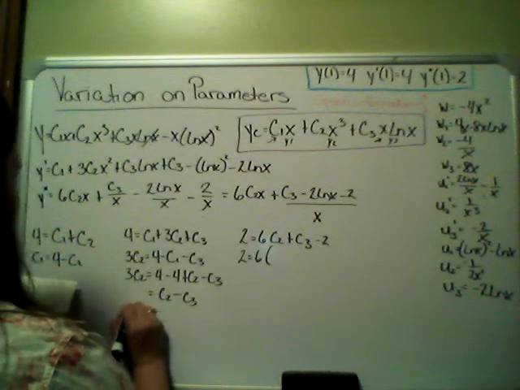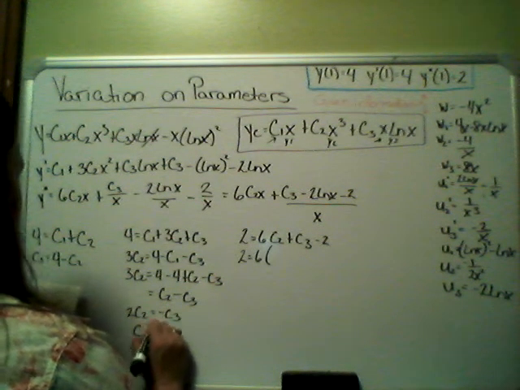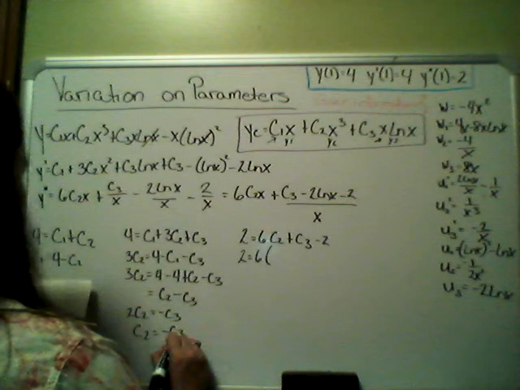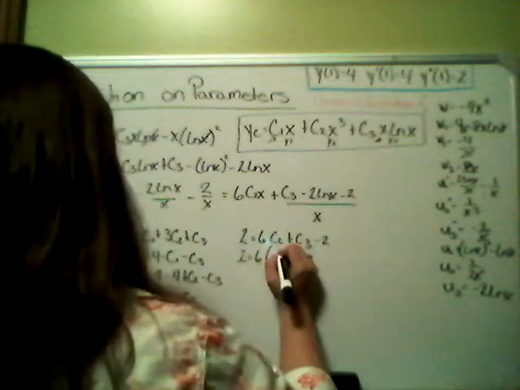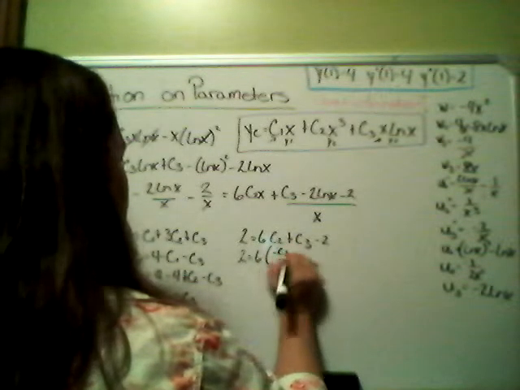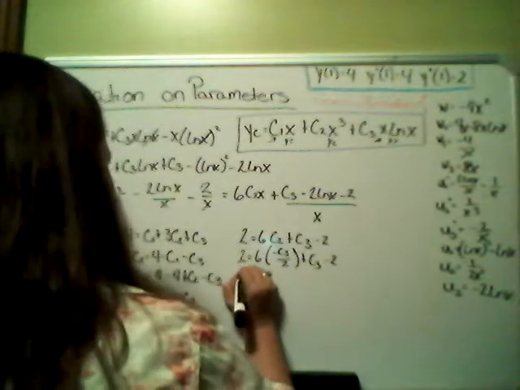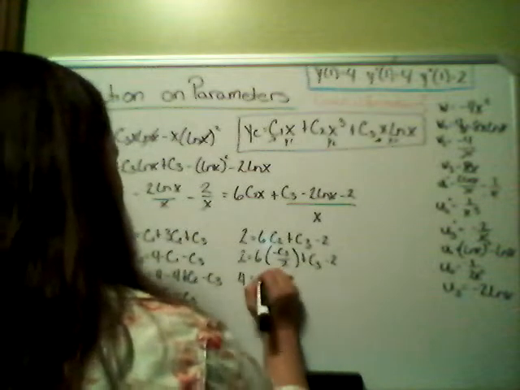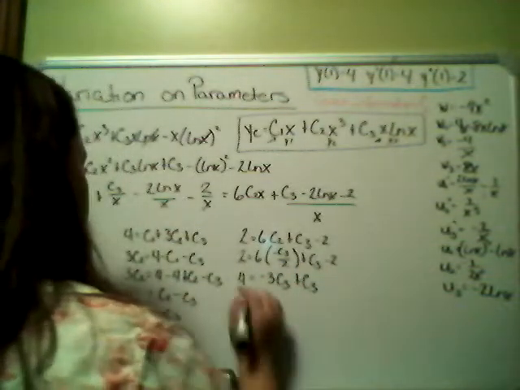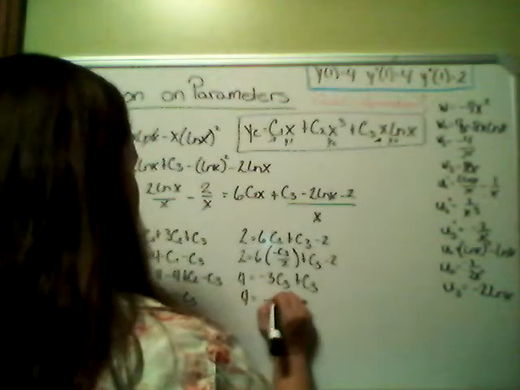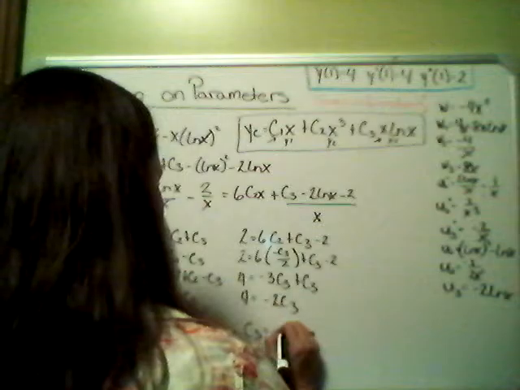And so then we will have 2c2 equals minus c3, so that c2 equals minus c3 over 2. And so now over here we can finish inputting this. So we'll have minus c3 over 2 plus c3 minus 2. So we'll get 4 equals minus 3c3 plus c3. So that 4 equals minus 2c3. And so c3 equals minus 2.